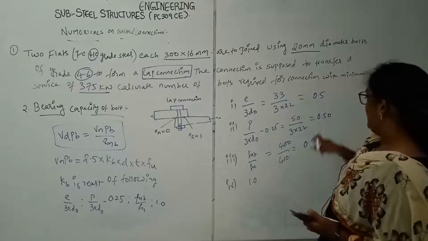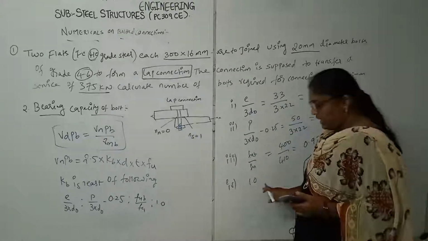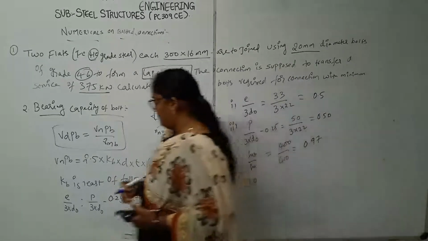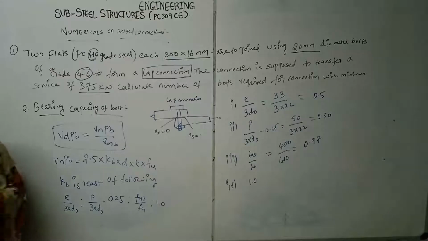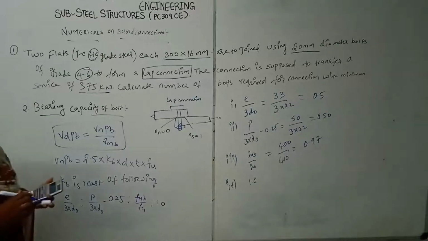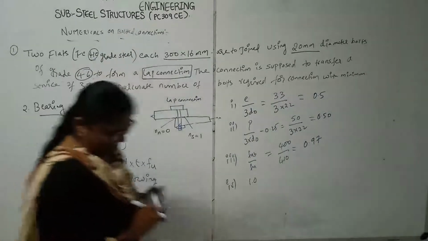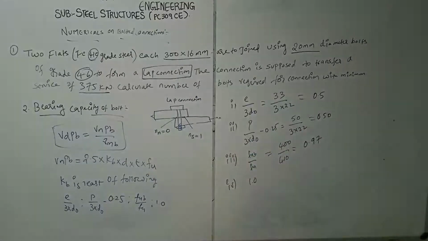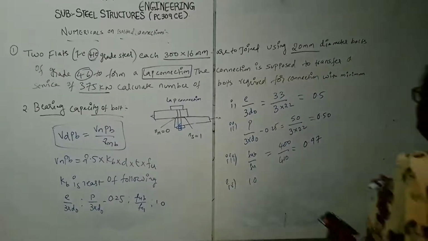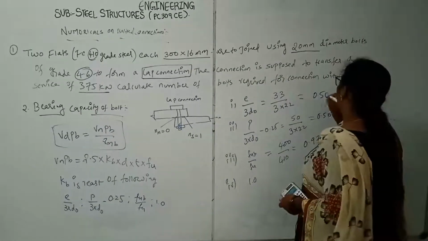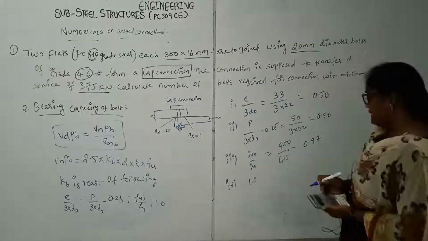So right, among these which is the least value we will take? 0.50 is the least value.